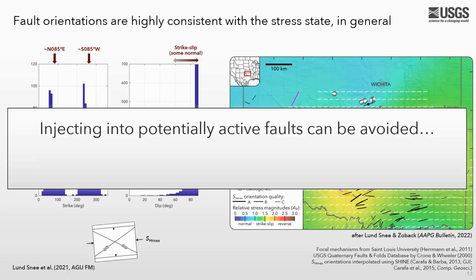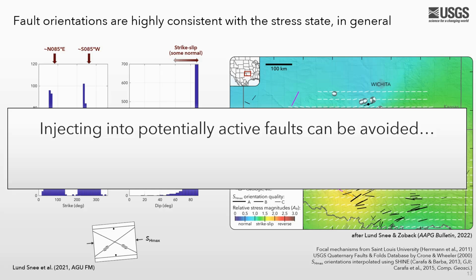So one of the bottom lines here is that we have the information we need to avoid injecting into potentially active faults. Oklahoma is a tricky case because, as I mentioned, the fluid pressure is migrating outward, so it's hard to limit where the pore pressure goes.